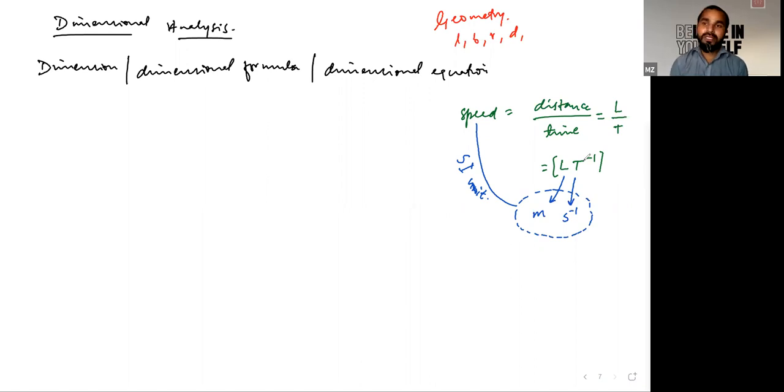So dimension of a physical quantity is the representation in terms of raised powers of the fundamental quantities, and that representation defines the SI unit related to the given quantity. This is called dimension, dimension formula, or dimension equation. Is it clear? Yes, sir.